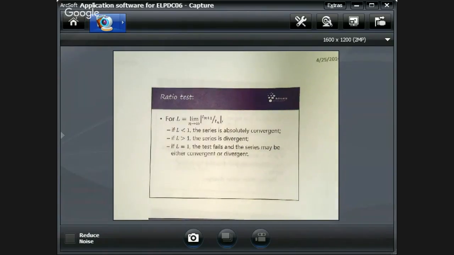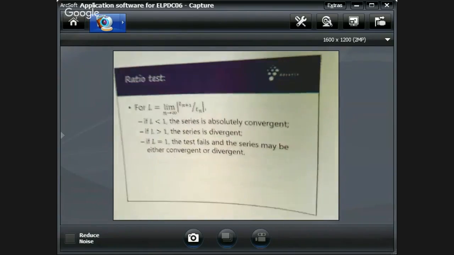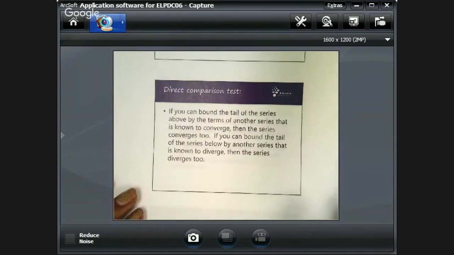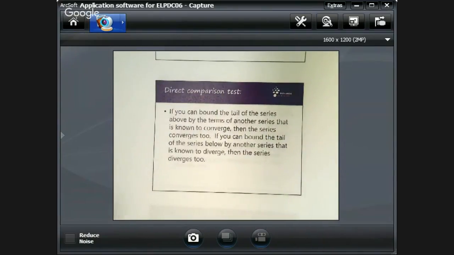The last two tests that you should know in terms of testing for a series of constants are both comparison tests. The direct comparison test: if you're bounded above by another series. So what you're saying is this, right?